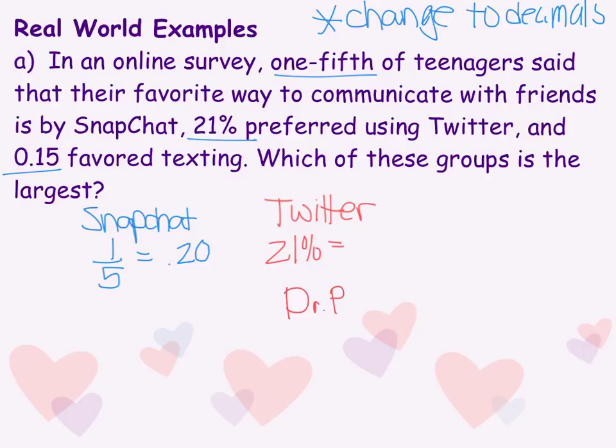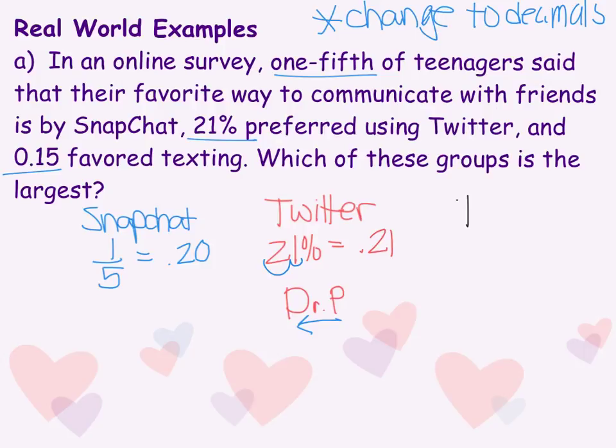I'm going to go from a percent to a decimal. So I'm going from the P to the D. So this tells me I'm moving my decimal point to the left 2 places. So I'm going to take the decimal point at the end and go 1, 2. So this is really 0.21. The same thing as 21%.